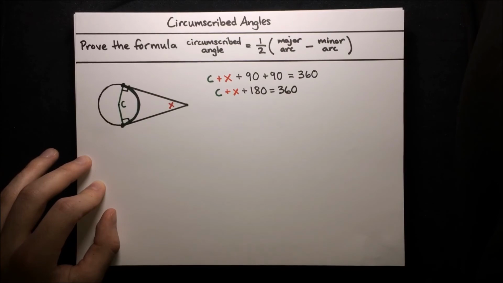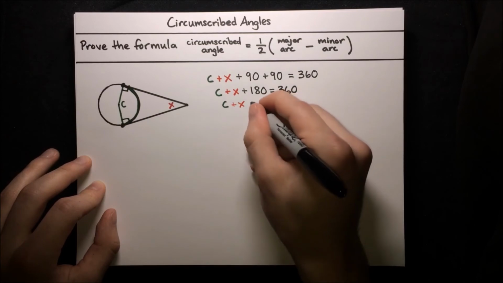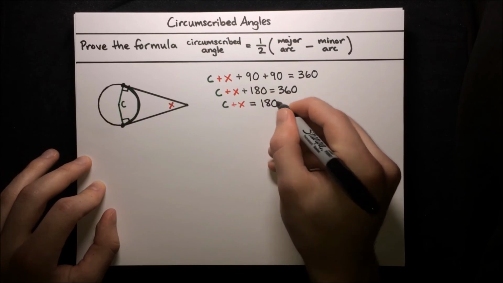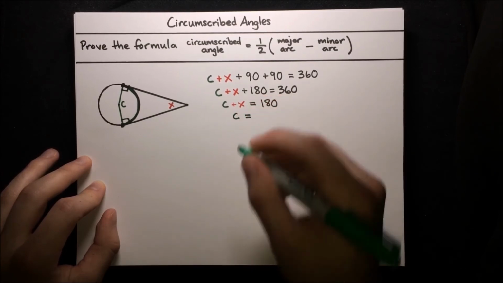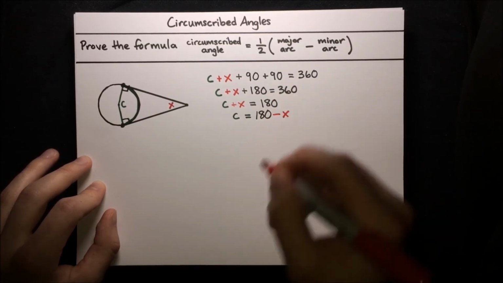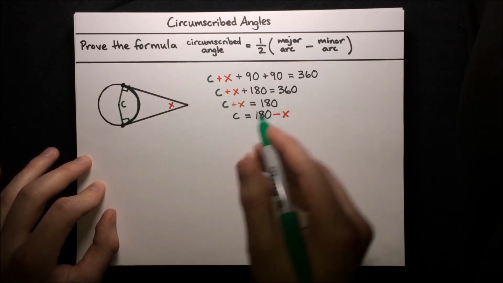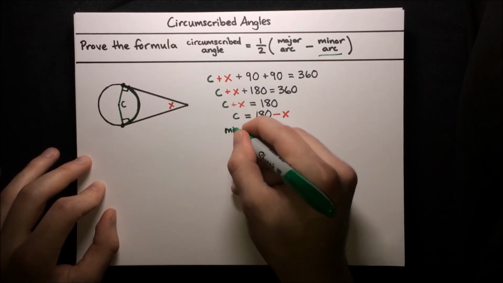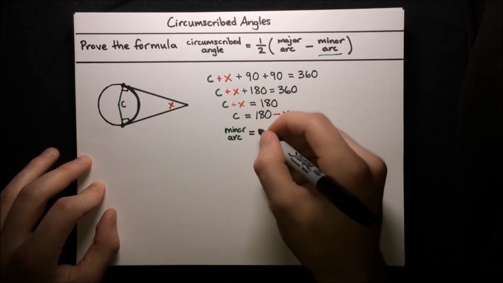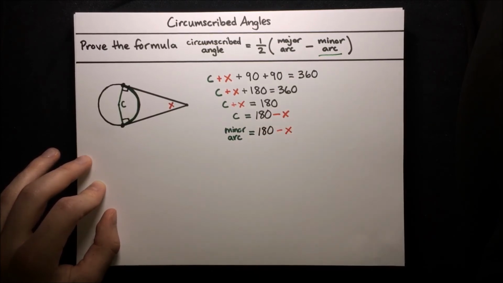And then we'll subtract 180 from both sides to get C plus X equals 360 minus 180, which is, well, also 180. So then C is equal to 180 minus X. And remember, C, that's the central angle, but that's also the measure of the minor arc. So we have that the minor arc is equal to 180 minus X, where X is the circumscribed angle.